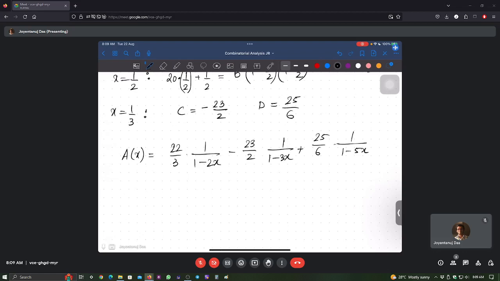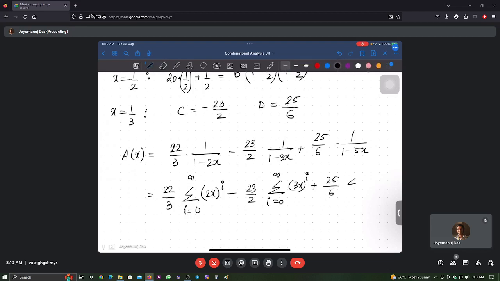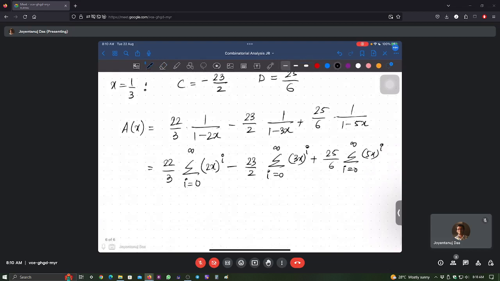Now I know the expansion of each of them: the sum from i equals 0 to infinity of (2x) to the power i, and similarly for the others.